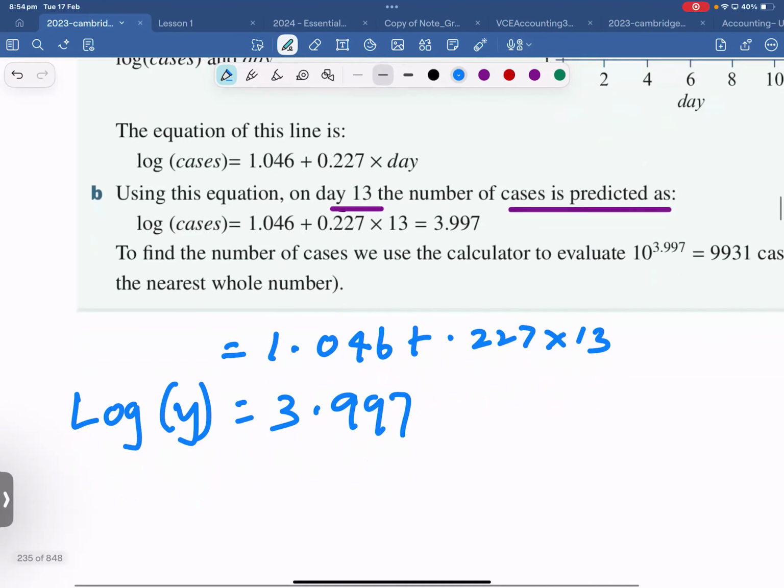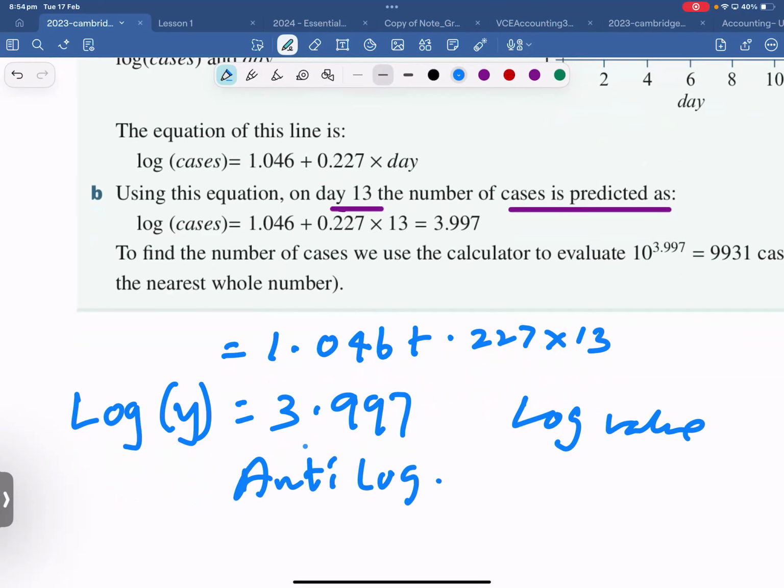Then what is this one? This is the log value. Then is this the answer? Then what do we do? You have to apply anti-log. 3.997 is actually the power. It is approximately equal to 4.